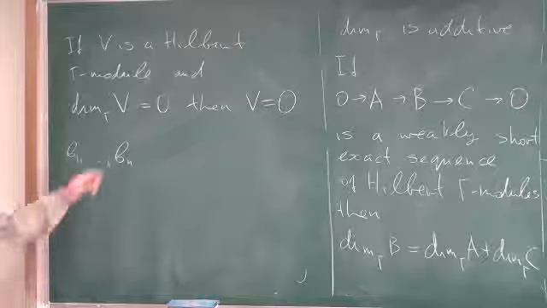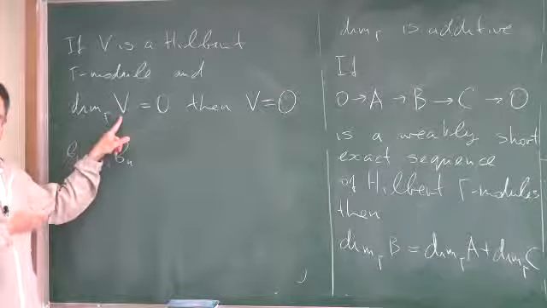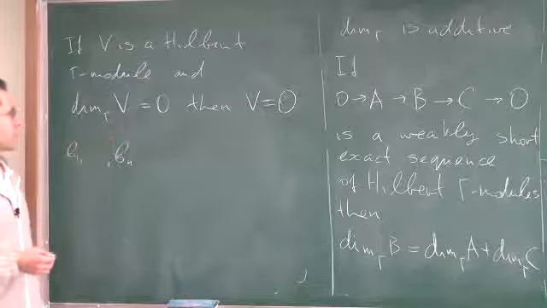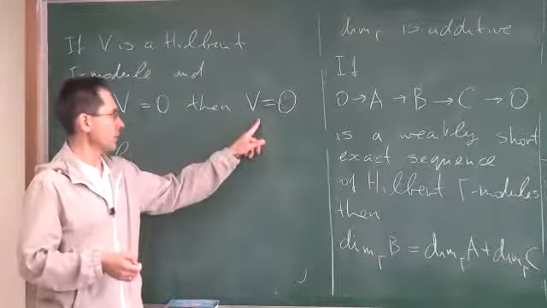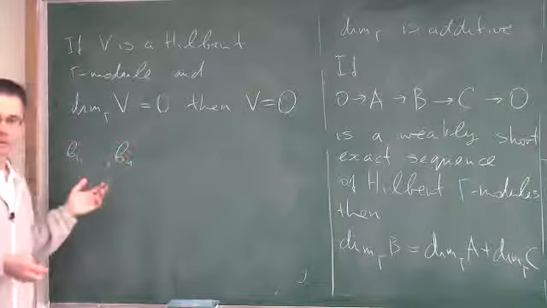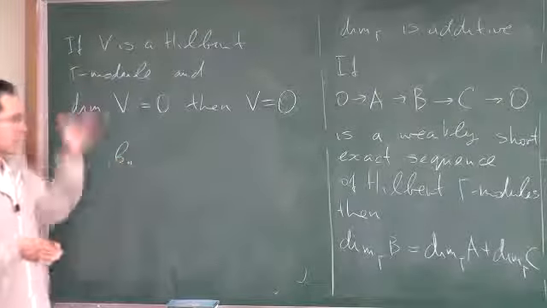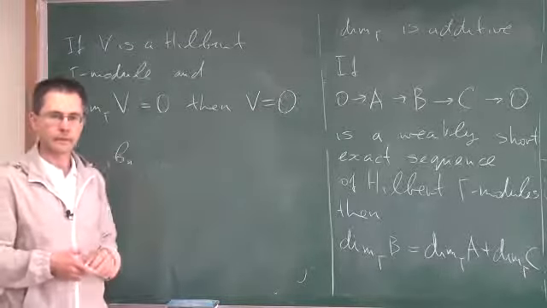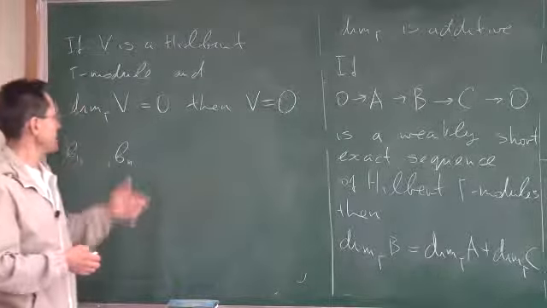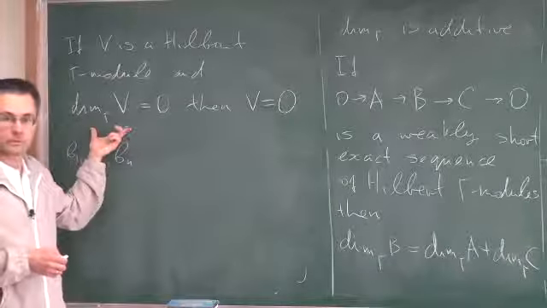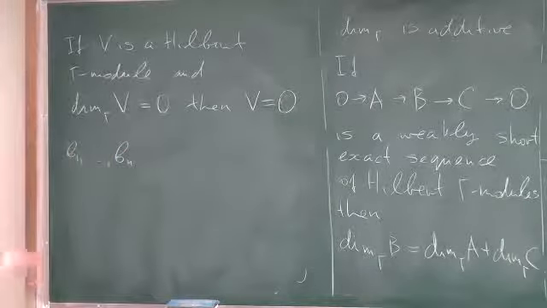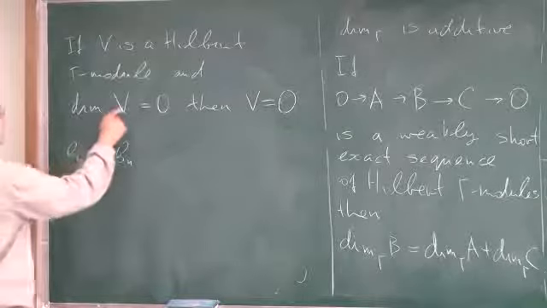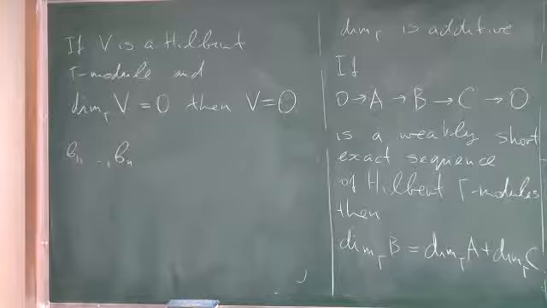And then you check that since V is invariant under the group, you use invariance. So you argue by contradiction. If V is non-zero, then there would be one of these vectors or one of those translates which would project in a non-trivial way here. And if that's the case, then the dimension would be non-zero. So it's an exercise in the definition of dimension and using the fact that V is invariant under gamma.